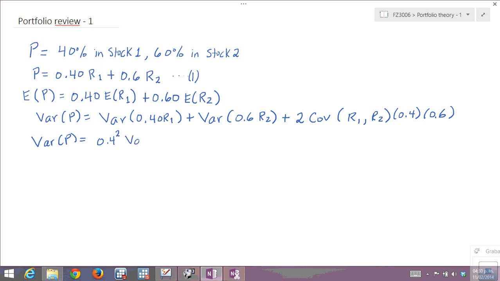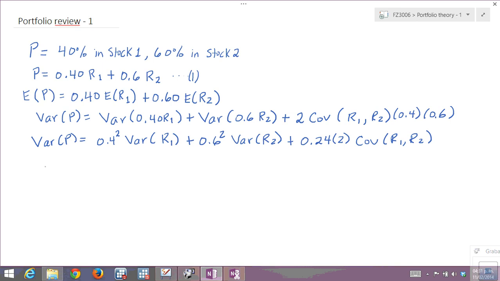Okay, then it's going to be the variance of return 1 of asset 1 plus 0.6 squared times the variance of asset 2 plus the same thing: 6 times 4 is 24, so 0.24 multiplied by 2 multiplied by the covariance of return 1 and return 2. Okay, this is the formula for the variance of the portfolio.